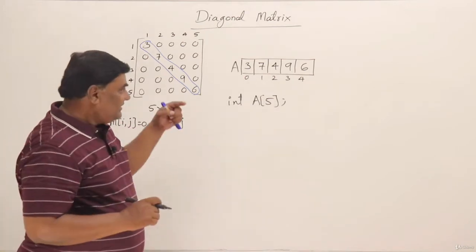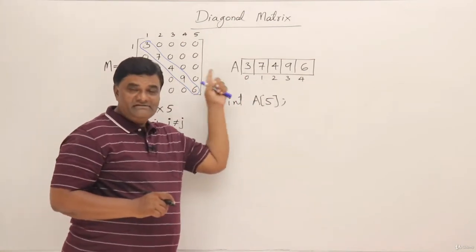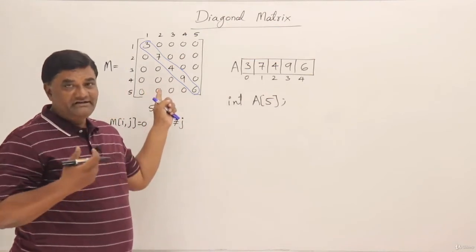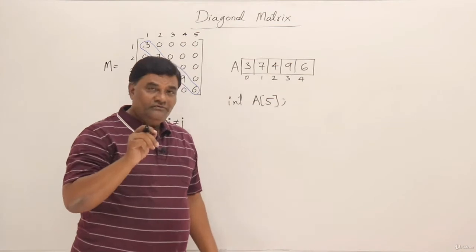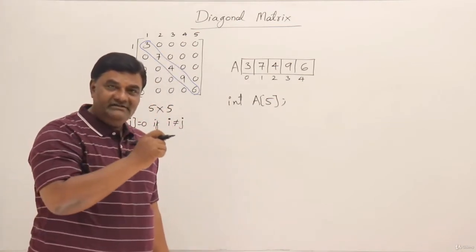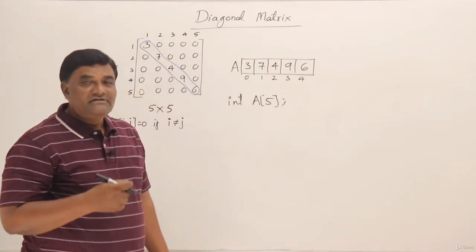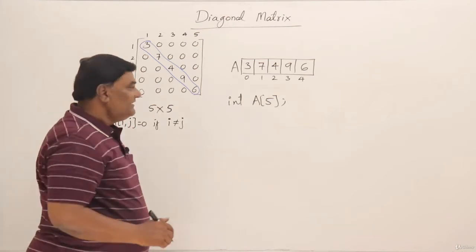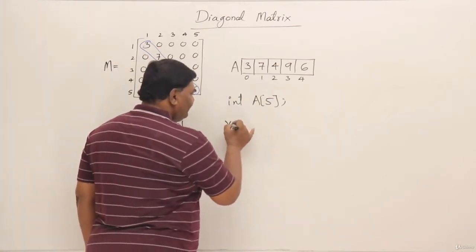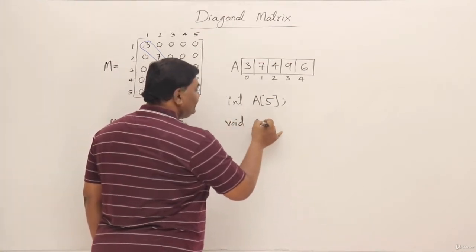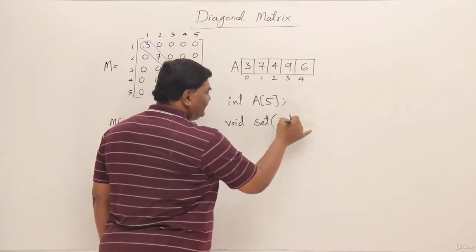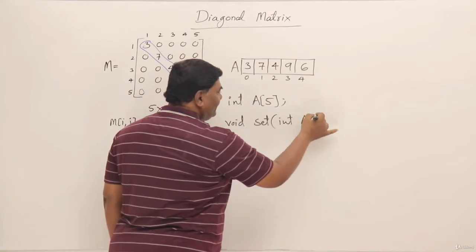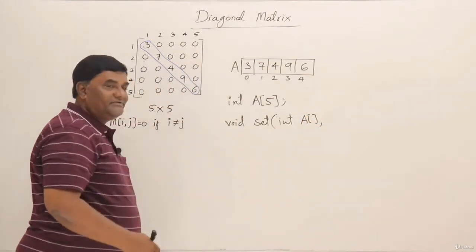Now, for storing data in a matrix, or retrieving the data from a matrix, that is actually in a 1D array, I need two functions, for setting the data and getting the data. So I need set and get functions. Let us write the set function first, for storing data. First of all, it needs an array.